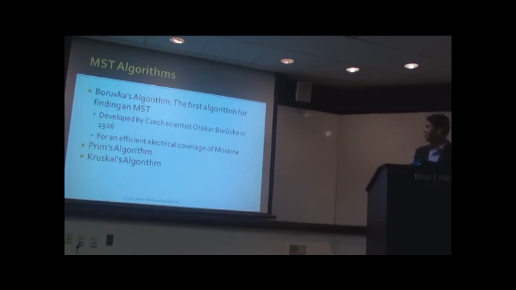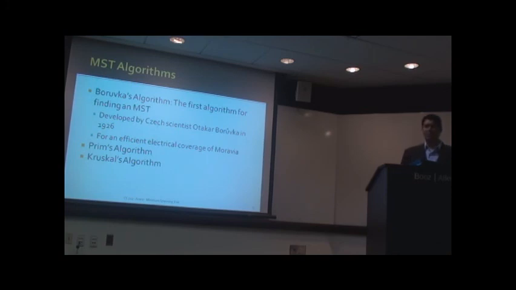He was asked to do the electrical coverage for Moravia. I believe Moravia was a principality of Czech even at that time, and my memory of history fades me in that. But again, it's a region in the eastern part of the Czech Republic. So he was motivated by a very practical problem, and he came up with this algorithm.